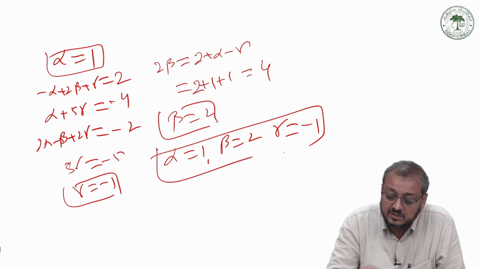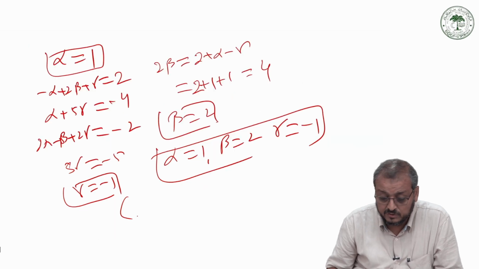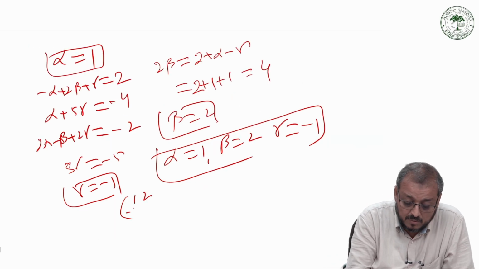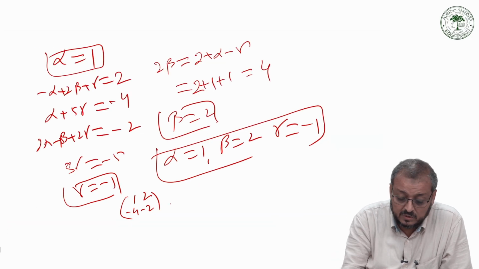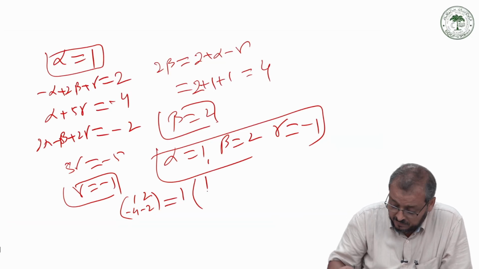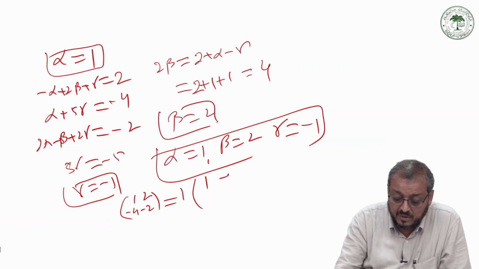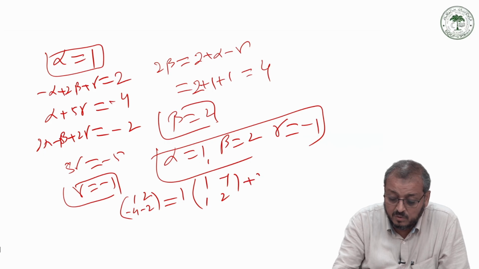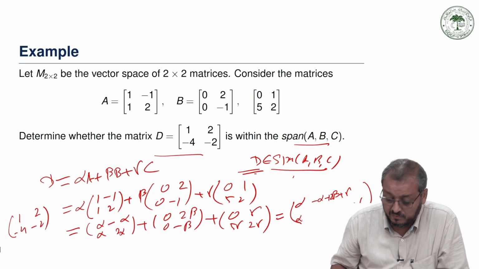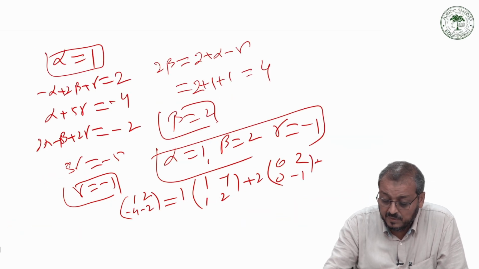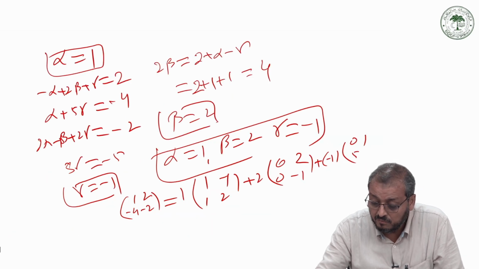So that means this can be written in this form. We can say 1, 2, minus 4, minus 2 can be written as 1 times 1, minus 1, 1, 2, plus beta equal to 2 times 0, 2, 0, minus 1, plus minus 1 times 0, 1, 5, 2.